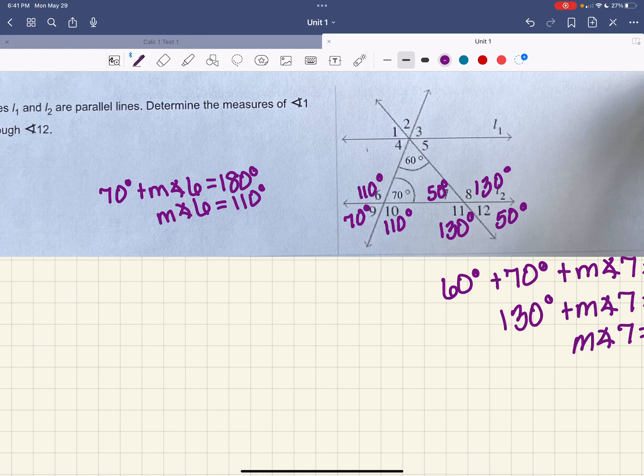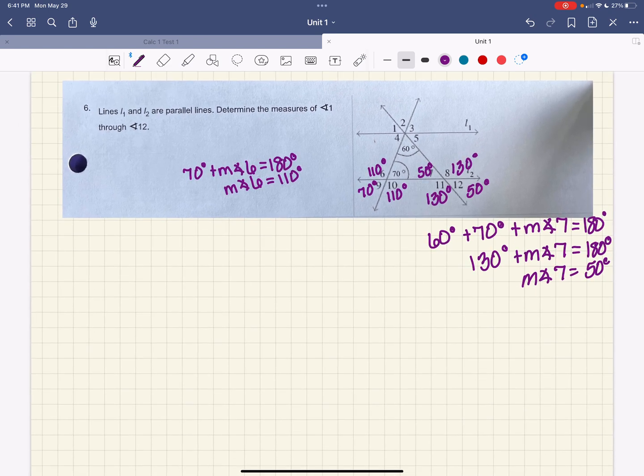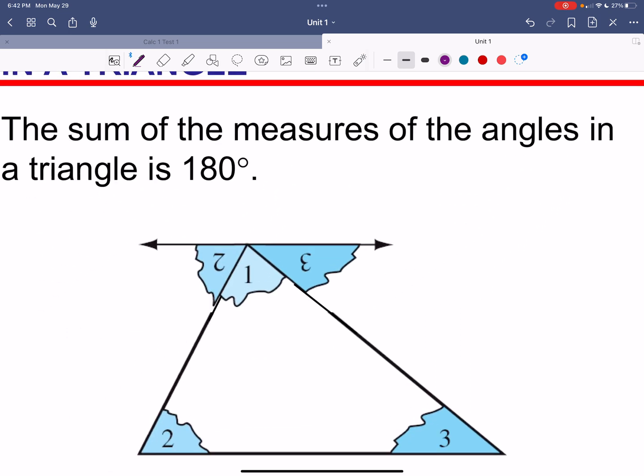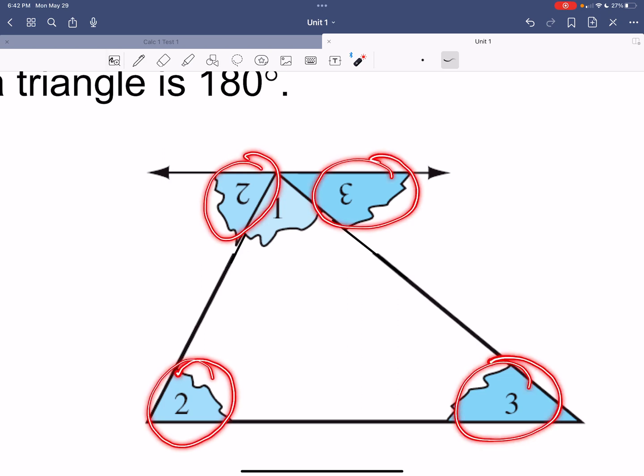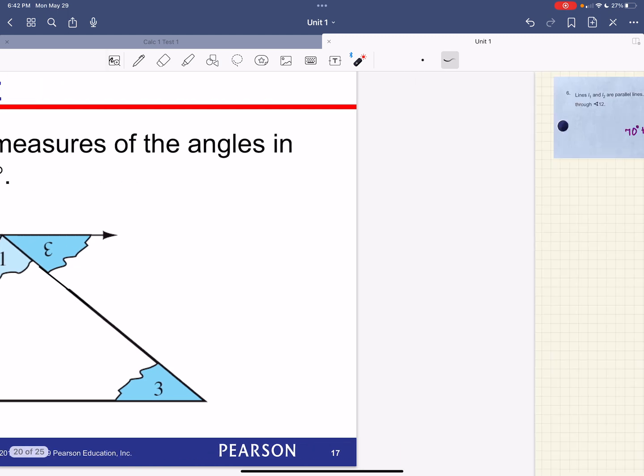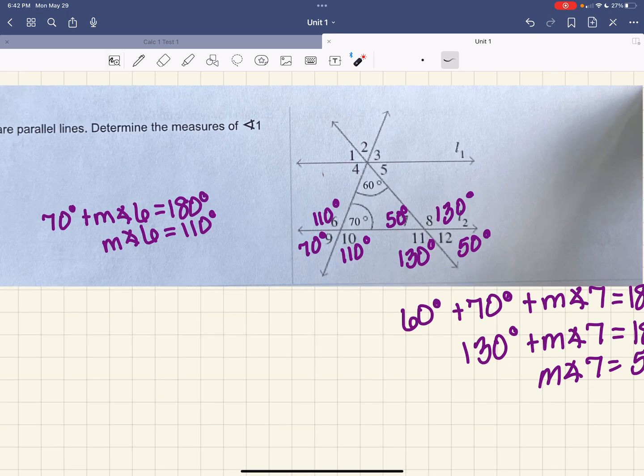Now if you remember this picture right here, these two angles are the same measurement, and these two angles are the same measurement. That's how we can look at our top angles. The measurement of angle 4 is going to be 70 degrees because it is equal to this angle right here.